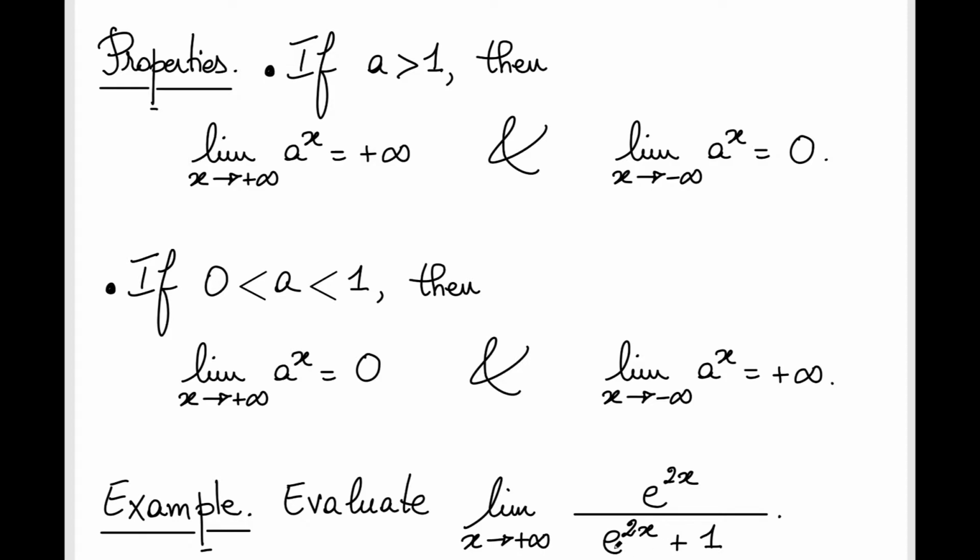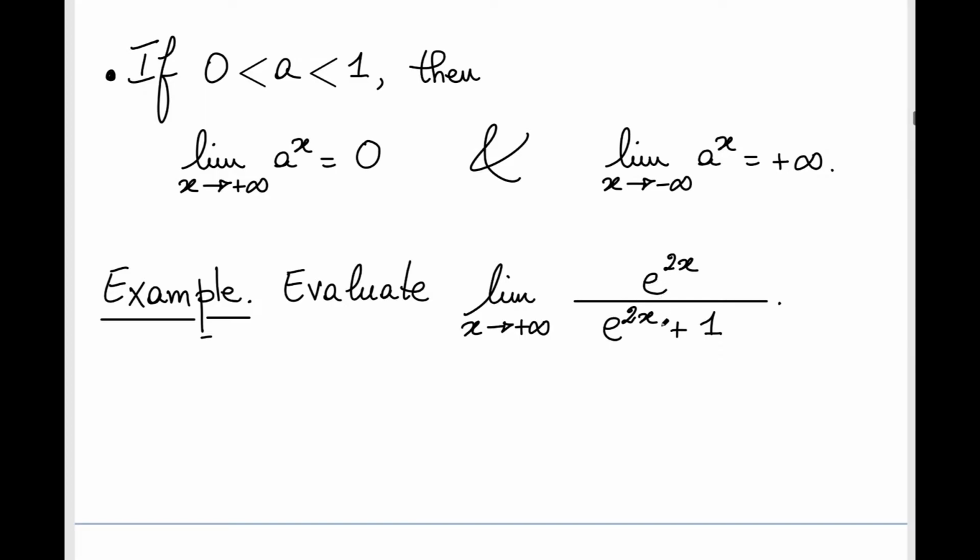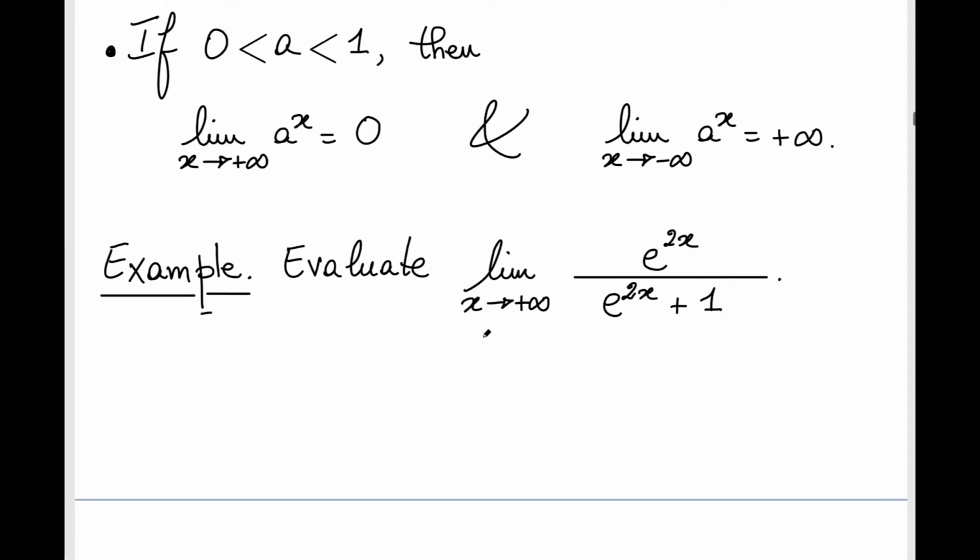Similarly, downstairs, e to the 2x plus 1 is also going to plus infinity. So it's of the form infinity over infinity. It's an indeterminate form as previously stated. So we have to find whether this limit is defined or not defined. All right, so how can we handle this?